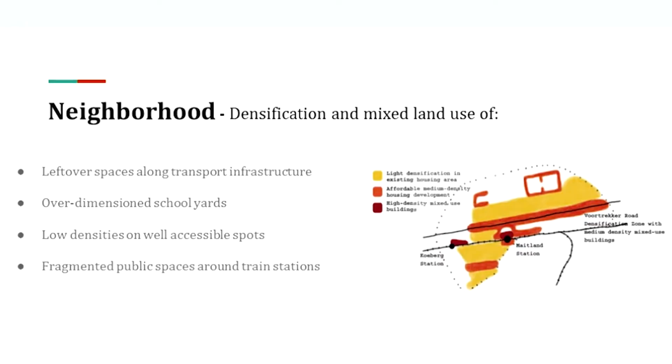In terms of neighborhoods, this is an example of how the transit corridors would be developed. If we have a station here, we would have different grades of densification, with higher densification in closer proximity and affordable subsidized mixed housing a bit further away.